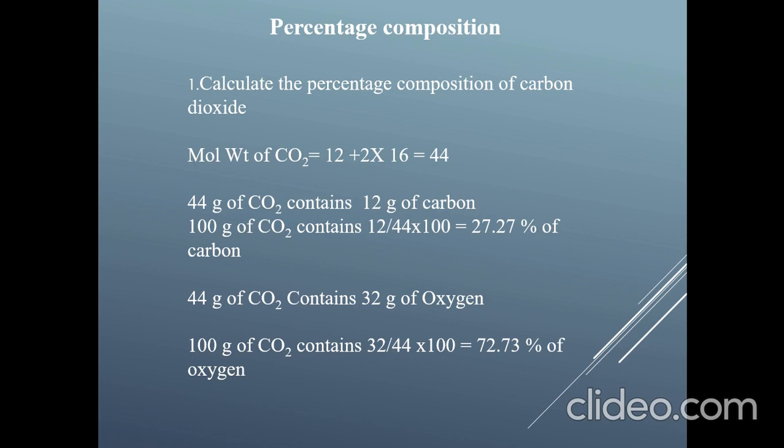Now let us consider the example of carbon dioxide. The formula of carbon dioxide is CO2. Atomic weight of carbon is 12 and that of oxygen is 16. So molecular weight is 12 plus 32, that becomes 44. Now 44 gram of carbon dioxide contains 12 gram of carbon, right? Atomic weight of carbon is 12.